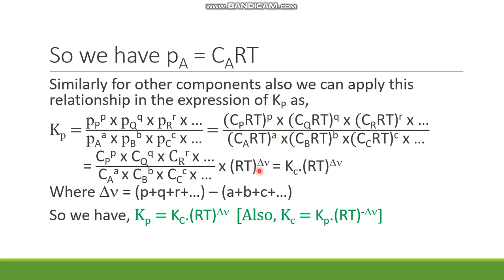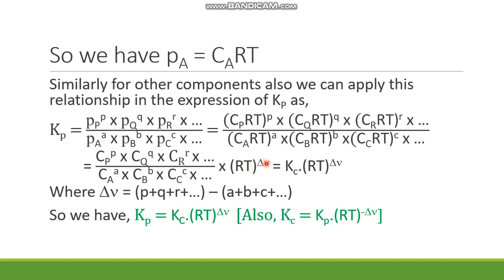Now let's separate the concentration terms and the RT terms. You would find that the concentration terms have their respective number of moles in their powers, and along with RT you will have the stoichiometric difference, that means p plus q plus r plus dot dot dot minus a plus b plus c plus dot dot dot.